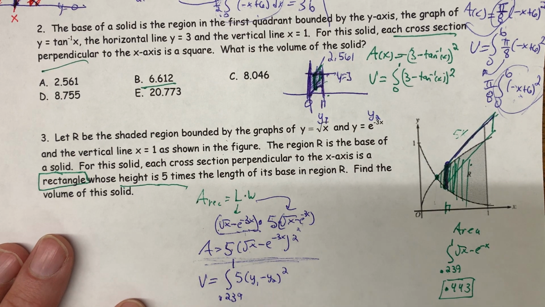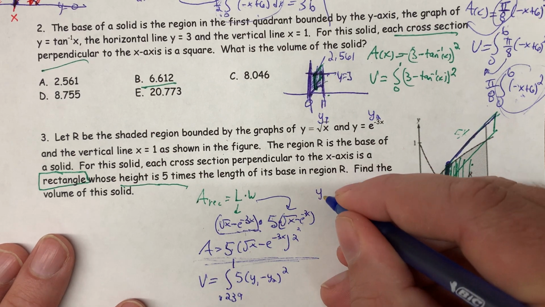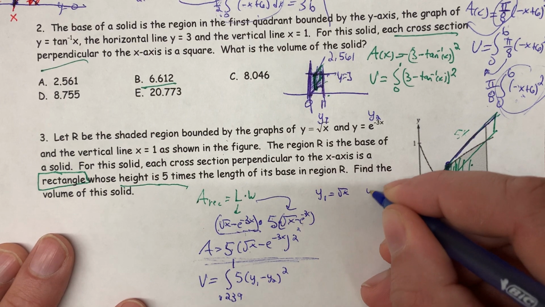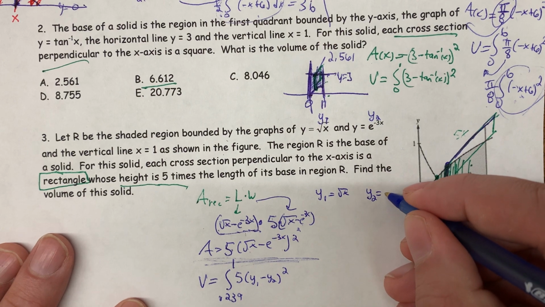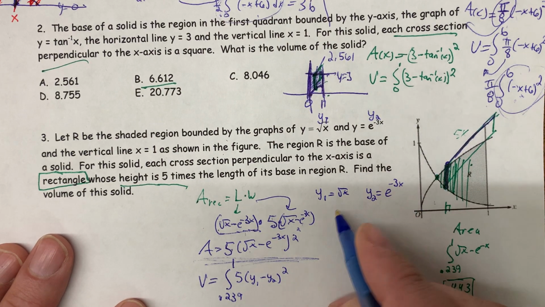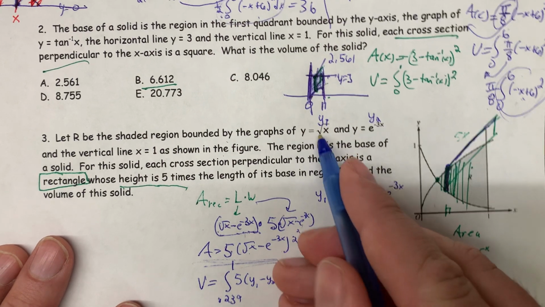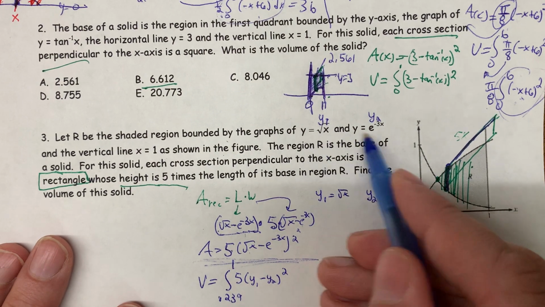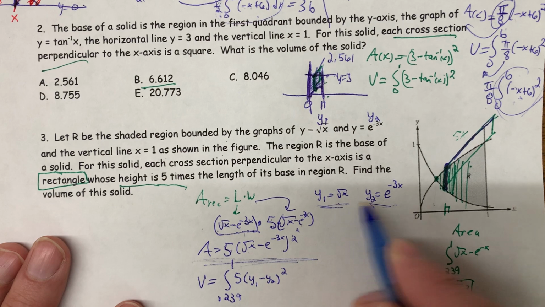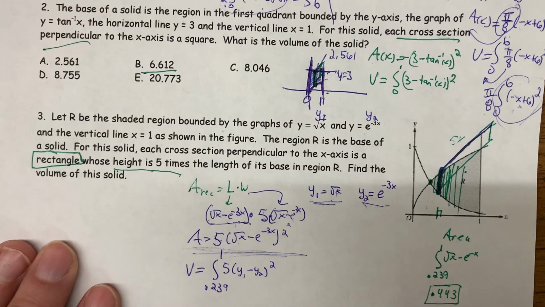By the way, you really want to put y1 equals square root of x. If this is the free response section and you want to use y1 and y2, you should label them like this. Sometimes they'll give you f of x and g of x, and then you can just use f of x minus g of x. But if they don't have names, we should name them directly by writing it down. That way you get full credit for that.